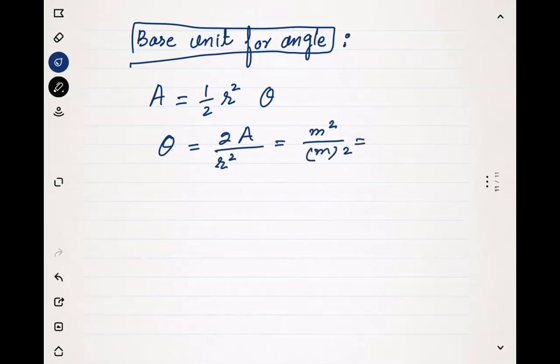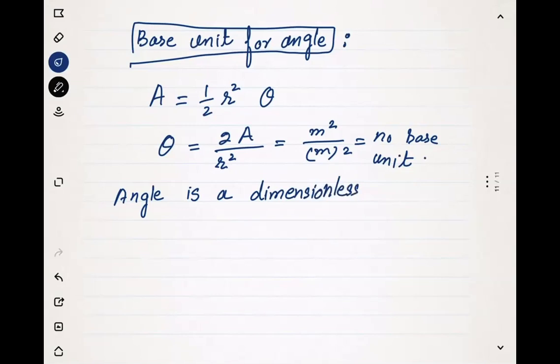This gives that angle has no base unit. And if something has no base unit, it is called dimensionless. So angle is a dimensionless quantity.